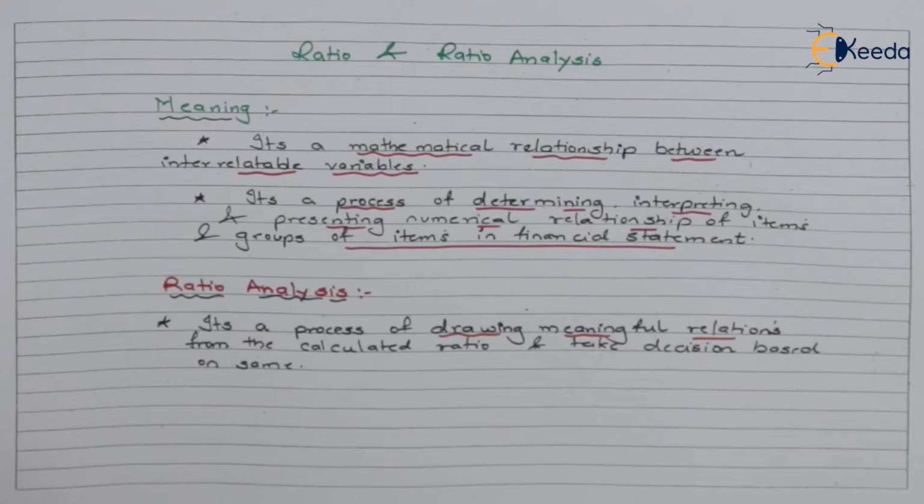These meaningful relations are determined from the calculated ratios. On the basis of the ratios we have calculated earlier, you determine certain relations and take decisions based on them.